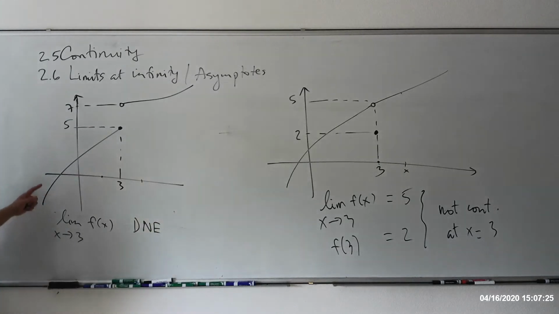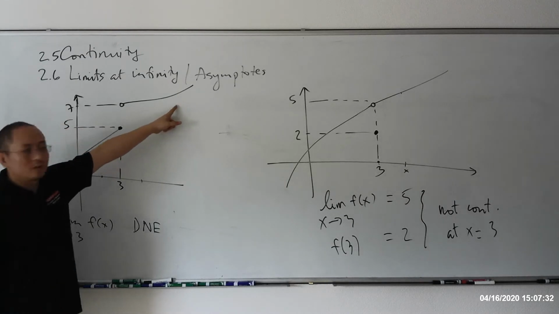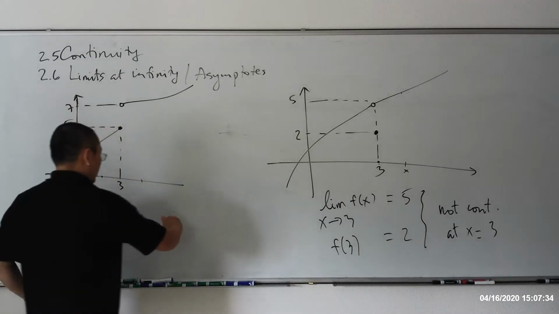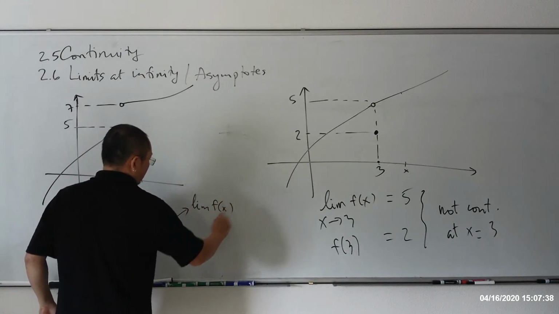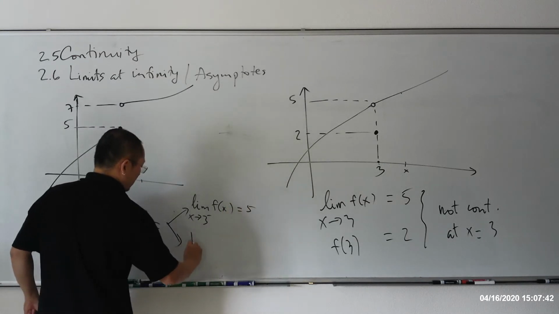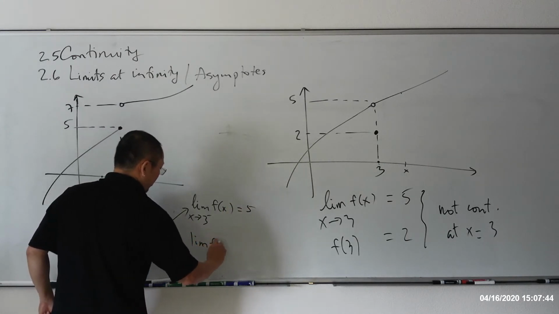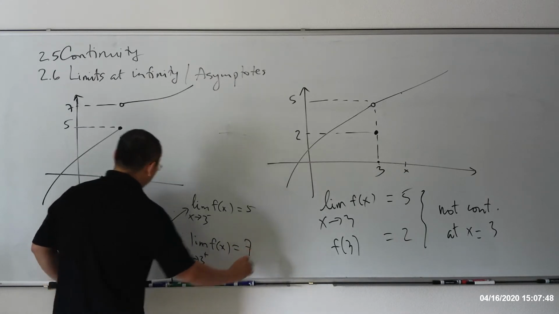Why doesn't it exist? Because the limit as x approaches 3 from the left is equal to 5, but the limit as x approaches 3 from the right is equal to 7. Okay? The limit of f of x as x goes to 3 from the left is 5, and from the right is 7. It doesn't have a limit.